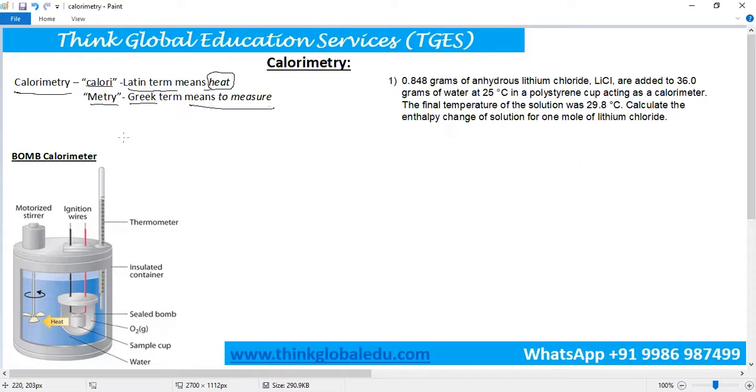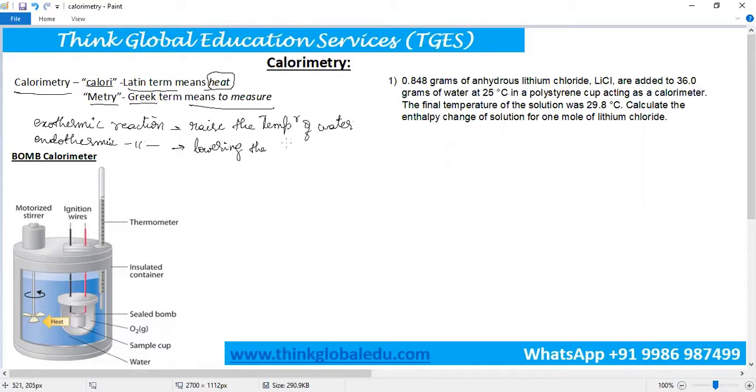In a simple calorimeter, all the heat evolved in an exothermic reaction is used to raise the temperature of the water, and in case of an endothermic reaction, the temperature of the water is reduced, as the heat is transferred from the water to the reaction chamber.